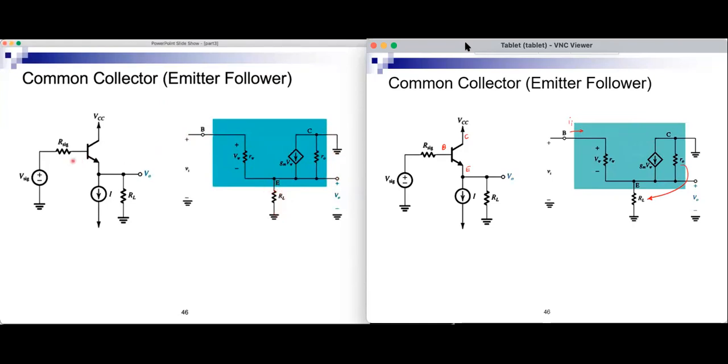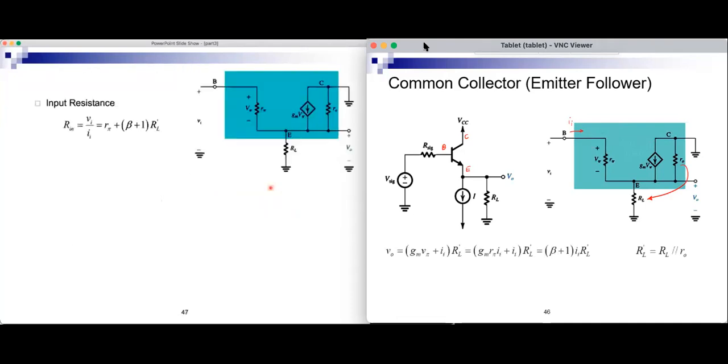And then to find the input resistance, we have a rule that says if you're looking into the base, you're finding the resistance looking into the base, which is exactly the input resistance in this case. And if you have a resistor between emitter and ground, then the resistance that you see would be R pi plus beta plus 1 times the resistance between emitter and ground. So we can directly use the rule to find the input resistance.